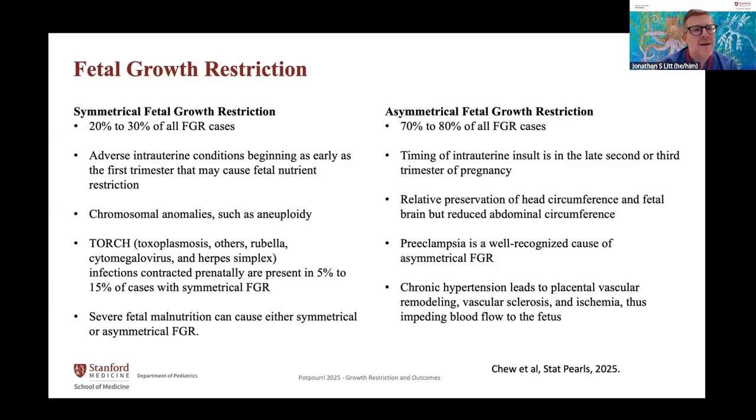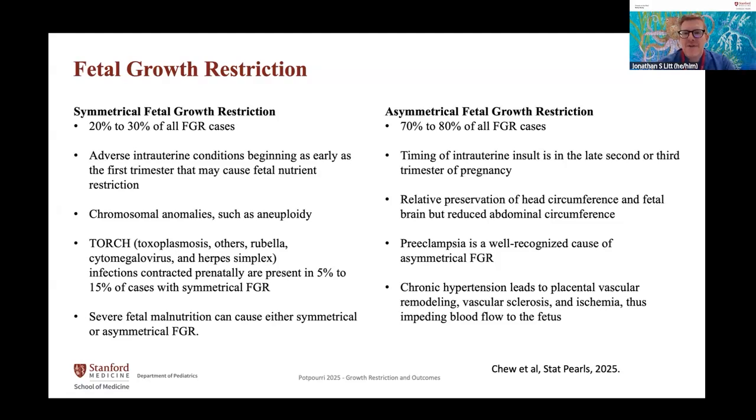Less common is symmetric, in 20–30% of cases. It's thought to be related to adverse intrauterine conditions beginning early in fetal life. It can be associated with chromosomal abnormalities such as aneuploidies, infections experienced in intrauterine life, and certainly severe fetal malnutrition can also cause early and symmetrical growth restriction.